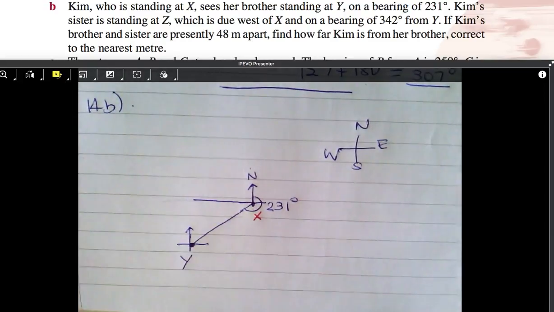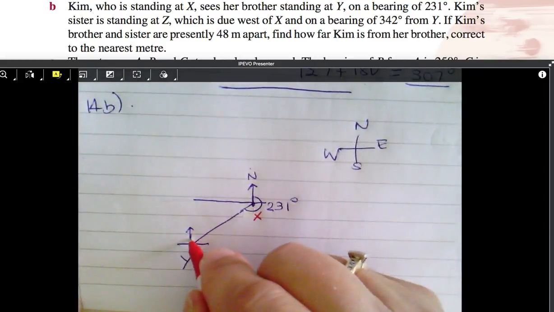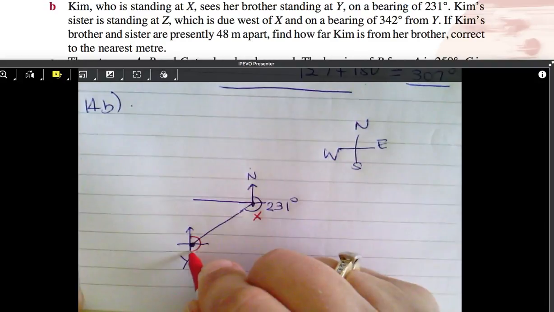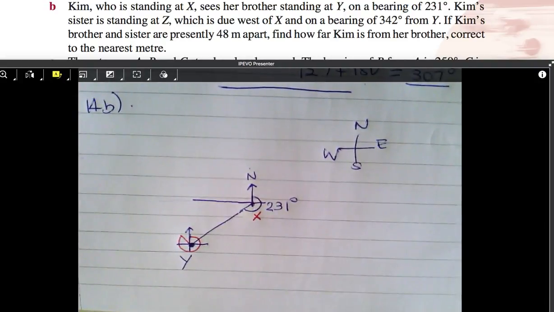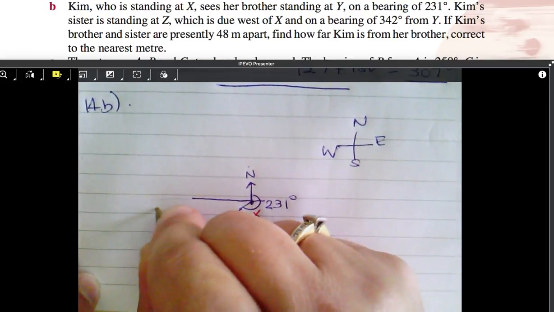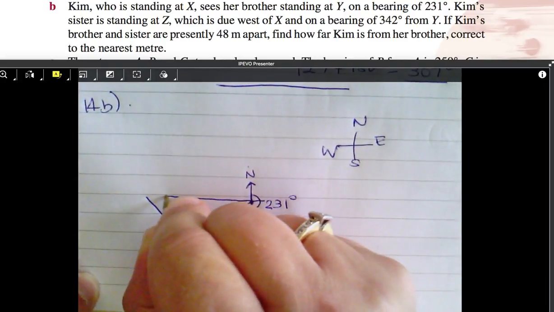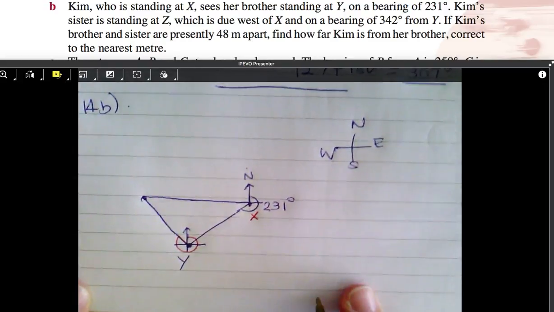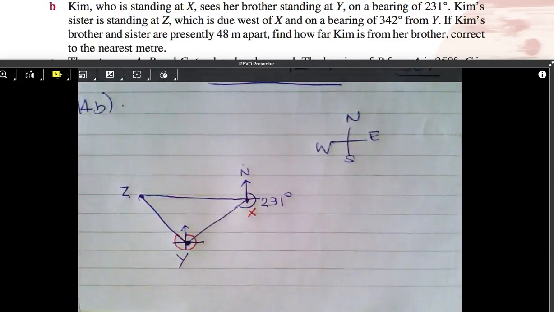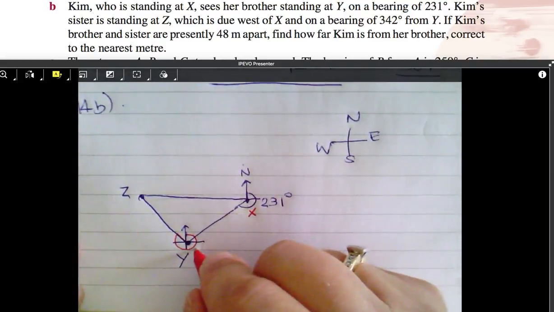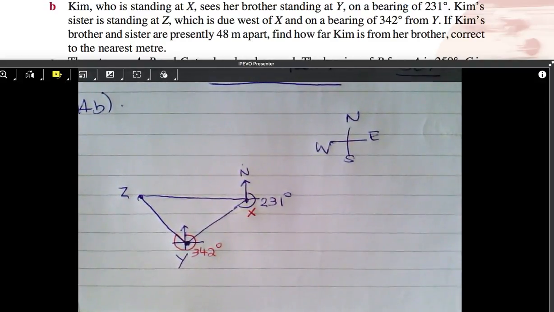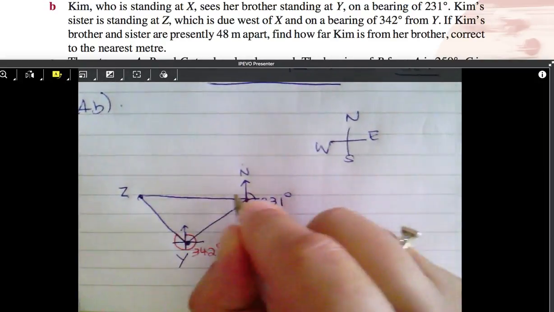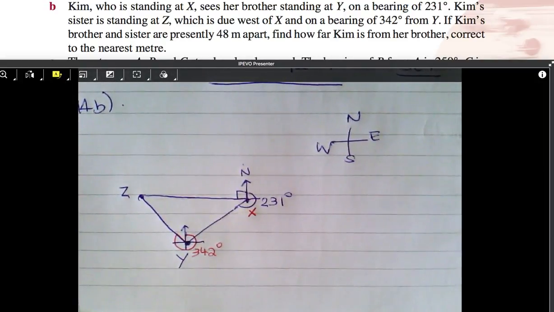So from Y, let's do a bearing of 342. We've got 90, 180, 270, 342's along here somewhere. So the bearing's 342. So that's how far along you go to Z. Z is on a bearing of 342 degrees from Y. Now, we're going to have to work out, so this is an east-west line, that's a right angle.